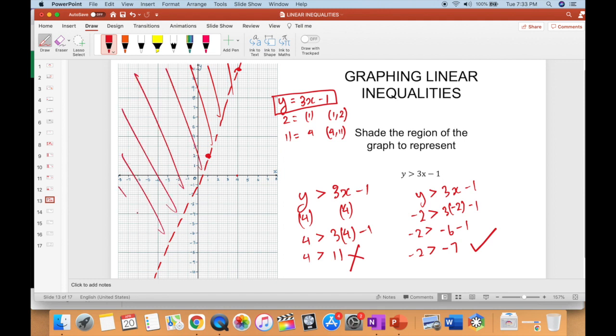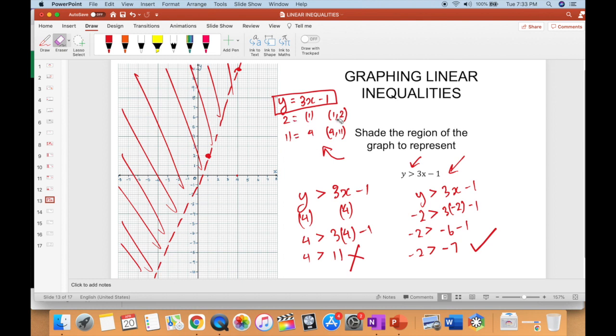So just to recap, when you are given an inequality in the form of a line, you plot it like any other line using your 2 points. Remember to use a dotted line or a solid line depending on if the inequality has an equal sign or not. In this case, it doesn't have the equal sign, so we use the dotted line.